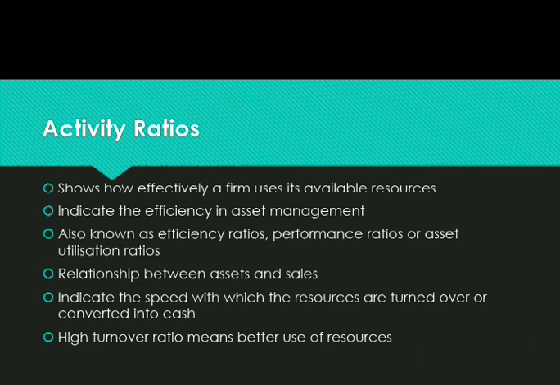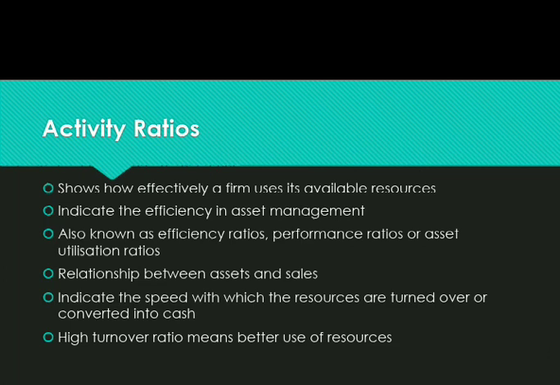The asset management efficiency of a firm is indicated through activity ratios. These ratios are also known as efficiency ratios, performance ratios, or asset utilization ratios. These ratios bring out the relationship between assets and sales.